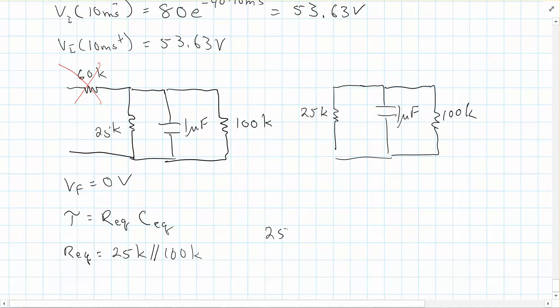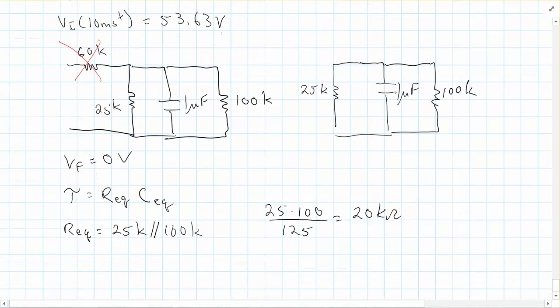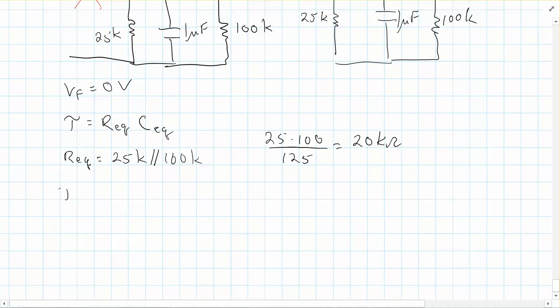So if I do 25 times 100 over 125, what do we get here? You get 20 kiloohms. So that means my tau is going to be 1 microfarad times 20 kiloohms. So instead of 25 milliseconds, it's going to be 20 milliseconds for my tau.